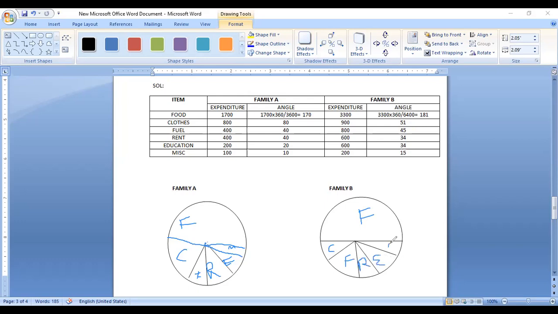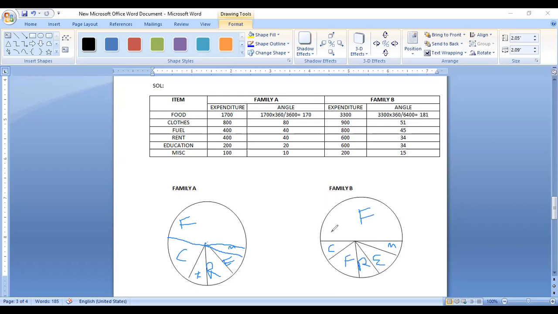So like this, by looking at these pie diagrams, we can easily understand that a majority of their income is spent on food. Then next it is spent on clothing, like that. So in order to understand various variables in a phenomenon, we use pie diagrams.